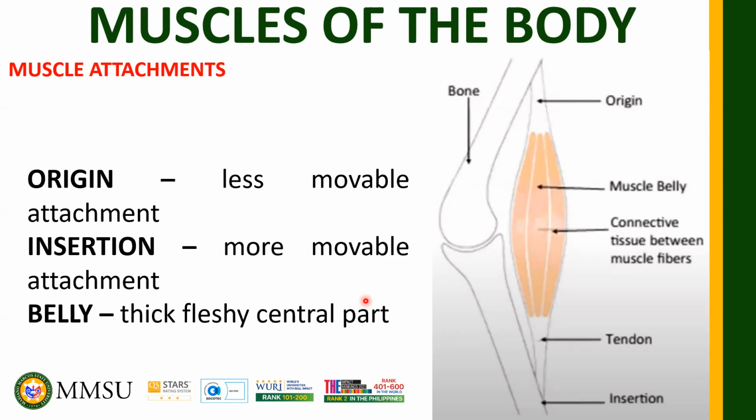Okay? So sa mga farm animals natin, etong origin and insertion, these are very essential lalong-lalo na sa limb at saka body movements. And then we have another one, the muscle belly, or that is what we call as the belly. So it's thick siya, so makapal na fleshy na central part ng muscle.